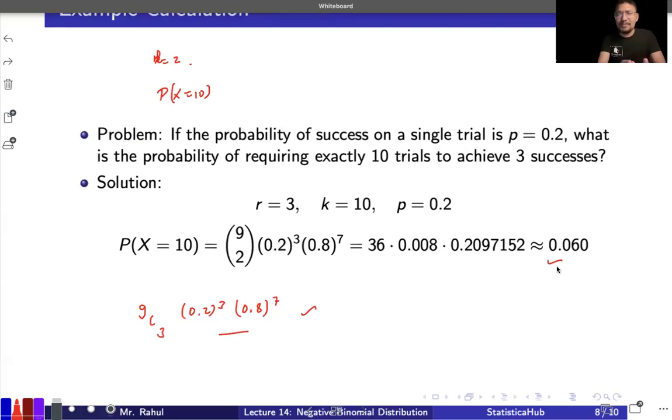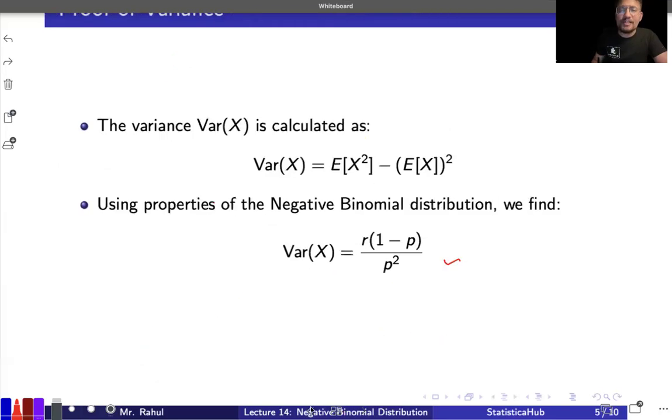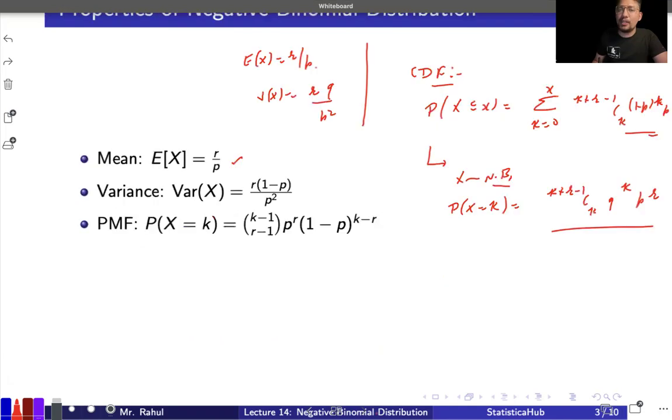So this is a very simple example. And in fact, for the negative binomial distribution, always remember how we define it. You have to understand the concept and how it is framed.